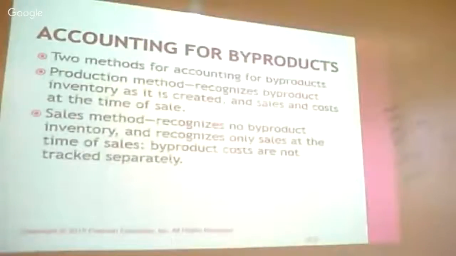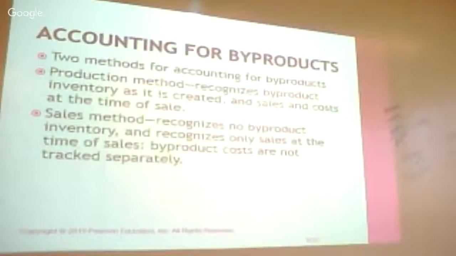There are two methods for accounting for byproducts: the production method and the sales method. The production method recognizes byproduct inventory as it is created and recognizes sales and costs at the time of the sale. The sales method recognizes no byproduct inventory and recognizes only sales at the time of the sale. Byproduct costs are not tracked separately.